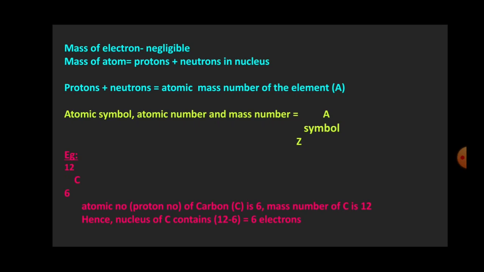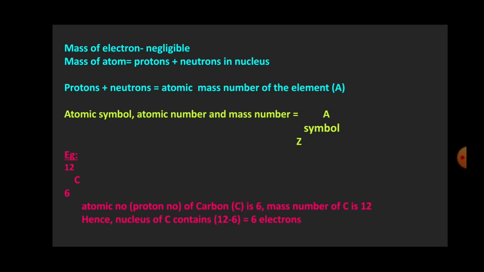Now, in the example, you can see carbon. The symbol of carbon is C, and it is written as 12C6. So A is equal to 12 and Z is equal to 6. Now, 6 is Z, that means it is the atomic number or the proton number, right?